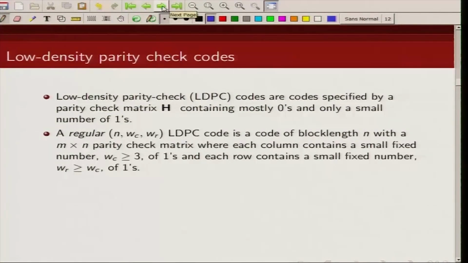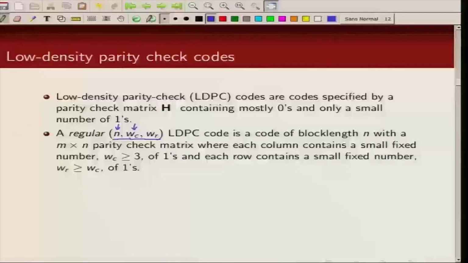Now, what is a regular LDPC code? A regular LDPC code is defined by three parameters. This is the code length, and this is the number of ones in the columns of the parity check matrix. A regular LDPC code has the same number of ones in each column of the parity check matrix, and that number is given by W subscript C. Similarly, W subscript R gives the number of ones in each row of this parity check matrix.